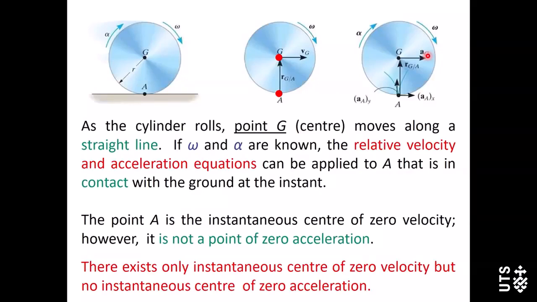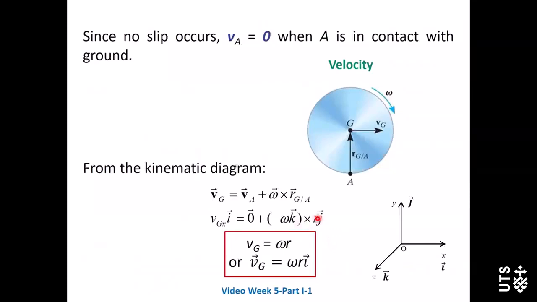Now, velocity analysis. Here we need a coordinate system, and this coordinate system is a conventional one. And this is the equation for relative velocity analysis. This is a vector equation. In this vector equation, we already know VA is 0 because it's the IC point.